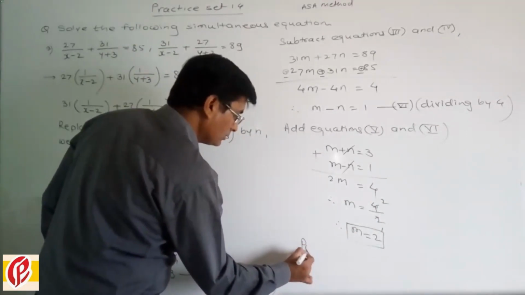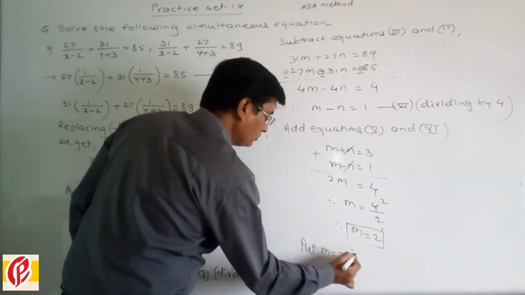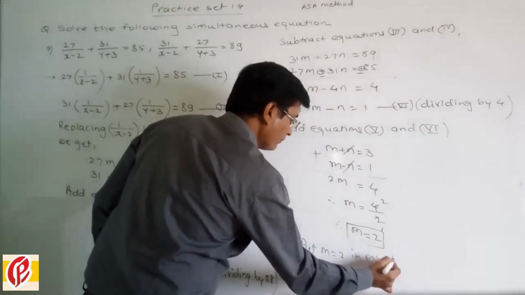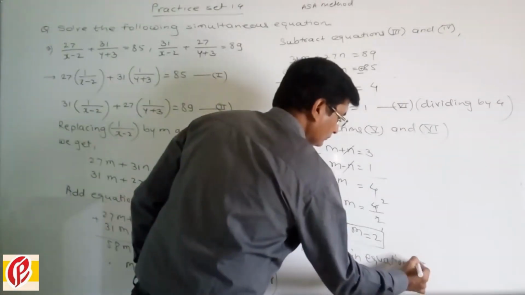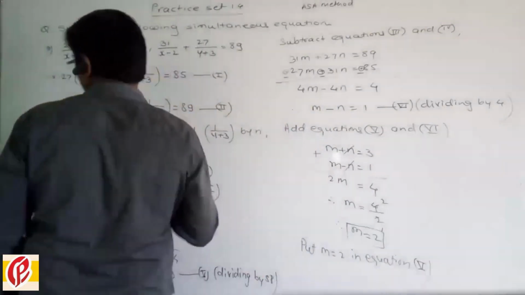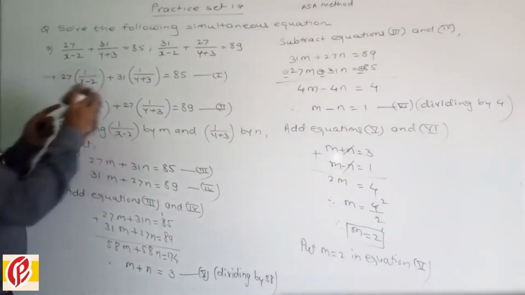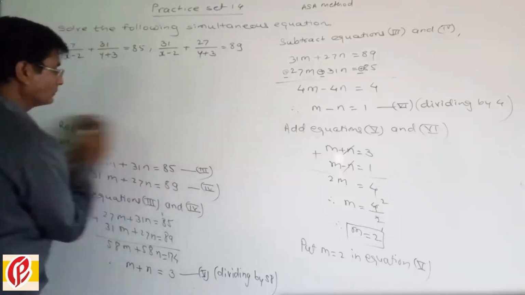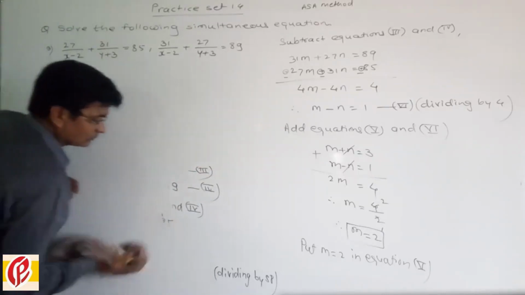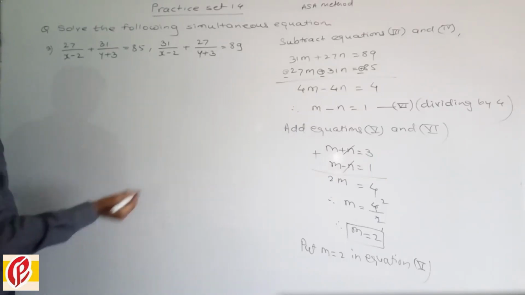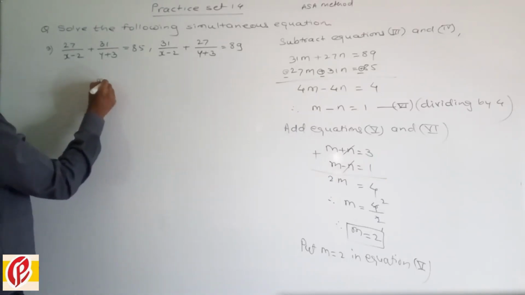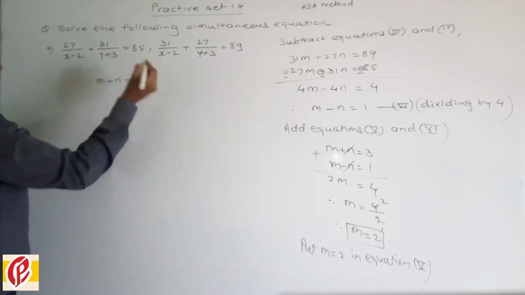Now put m is equal to 2 in the 5th equation. So the fifth equation is m plus n is equal to 3.